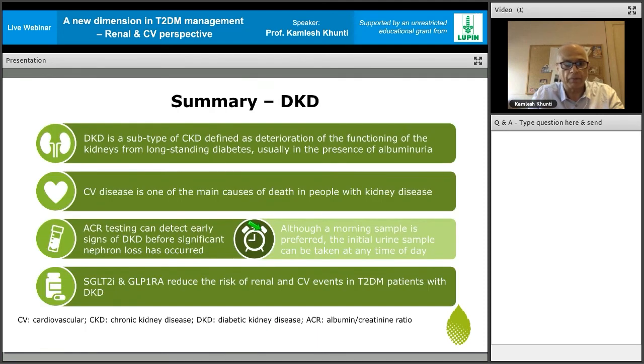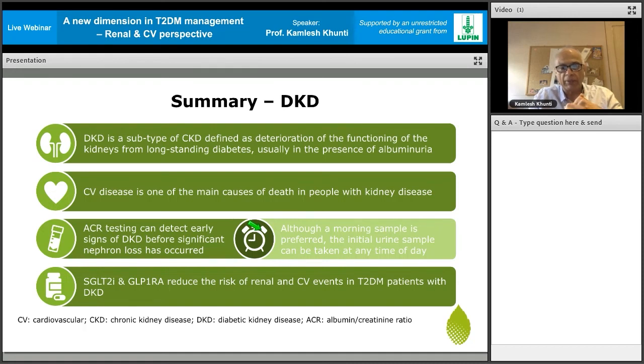And then when we have complications, that's when we would be referring to our specialist colleagues. So in summary, diabetic kidney disease is a subtype of CKD defined as deterioration of the functioning of the kidneys from long-standing diabetes, usually in the presence of albuminuria. Cardiovascular disease is one of the main causes of death in people with chronic kidney disease. Albumin-creatinine ratio is what we should be using to detect early signs, and we recommend that people with diabetes should have this done annually.